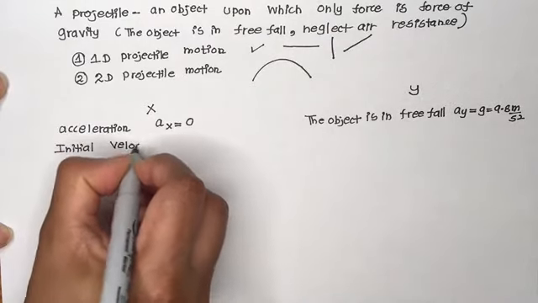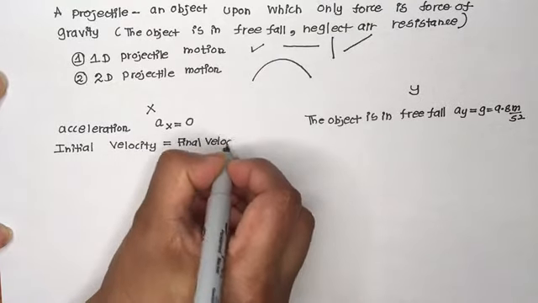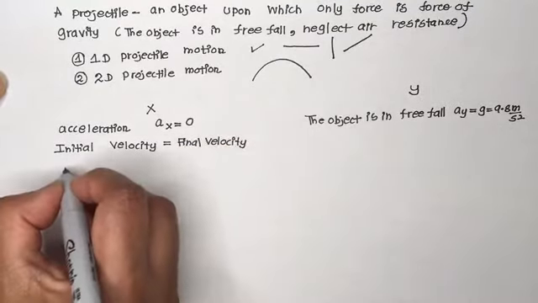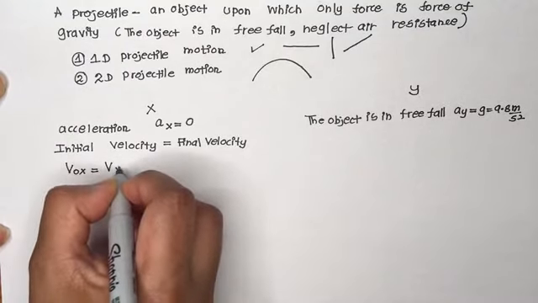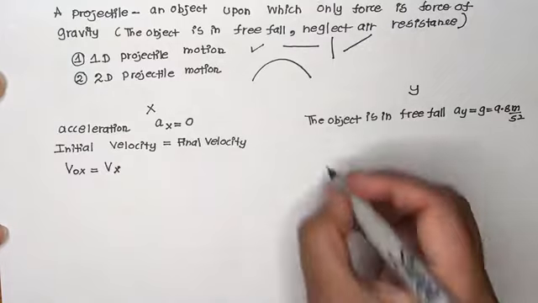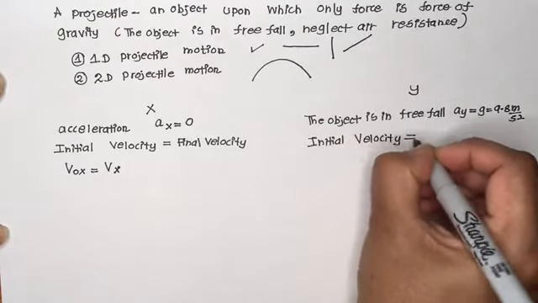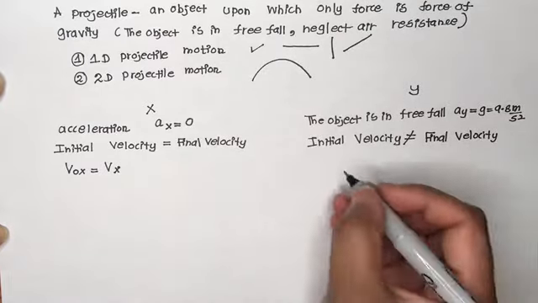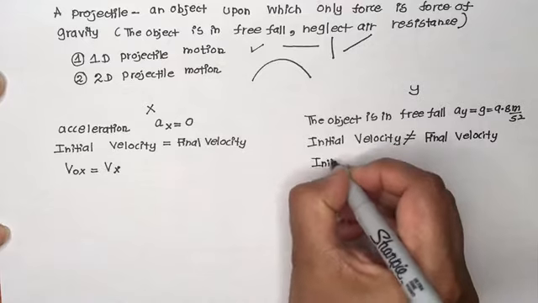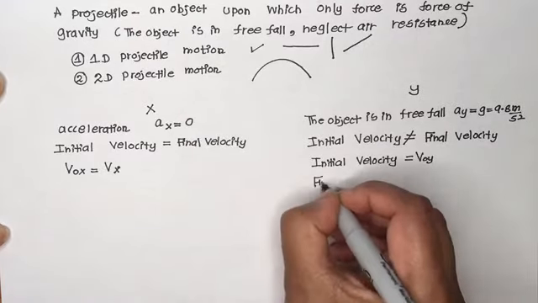And then initial velocity in x direction is equal to final velocity because there's no acceleration. And in y direction, initial velocity is not equal to final velocity. The reason is there is an acceleration in y direction, so you cannot have the same velocity.